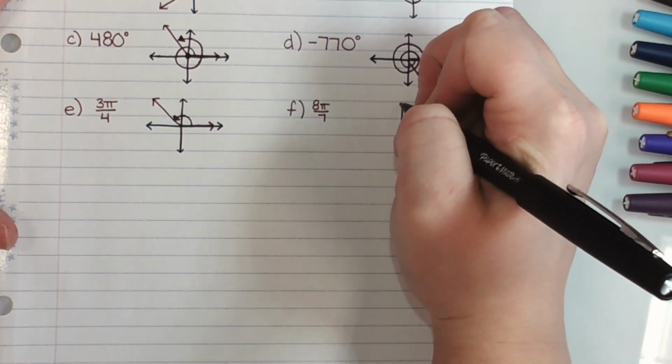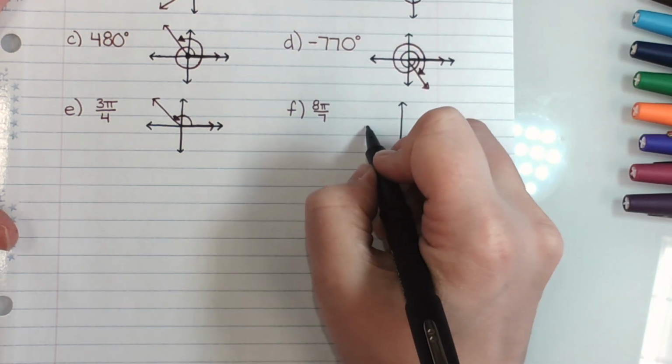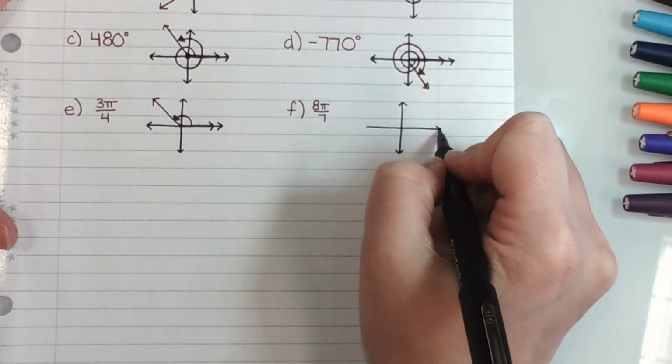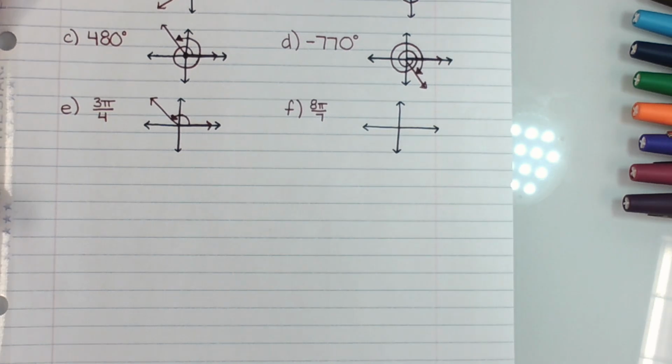Eight pi over 7. Clockwise or counterclockwise? Counterclockwise, it's positive. Ignore the pi. 8/7. Bigger than 1.